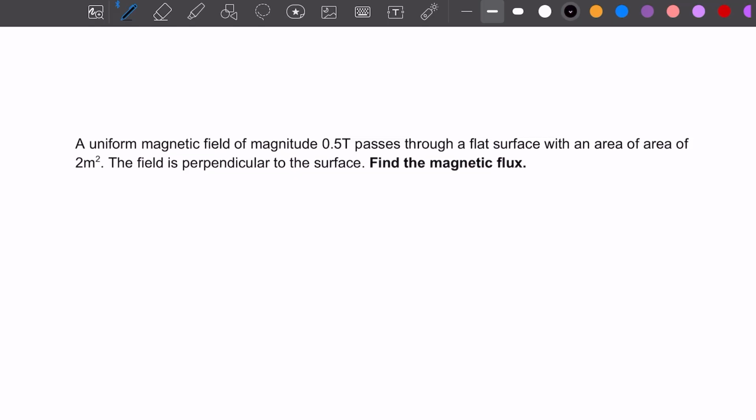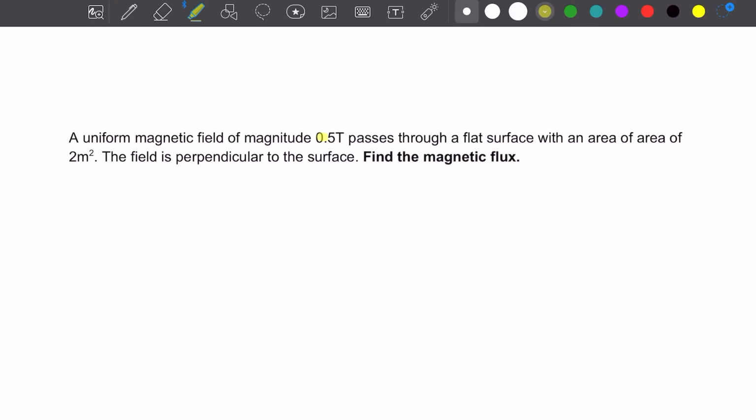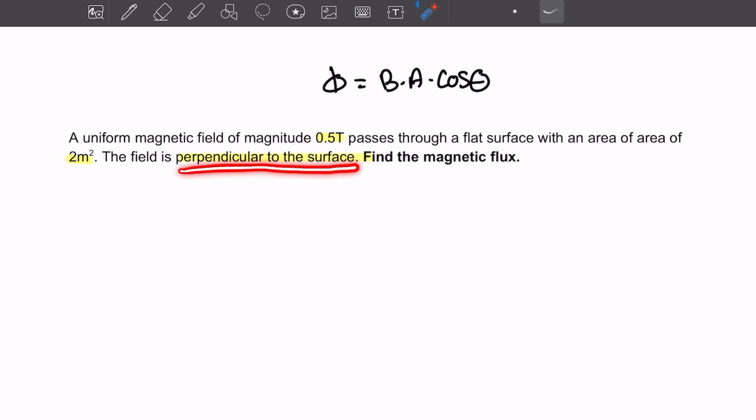A uniform magnetic field of 0.5 teslas passes through a flat surface with an area of 2 meters squared. The field is perpendicular to the surface. The formula once again is phi equals B times A times cosine theta. But if you remember from earlier, if it's perpendicular to the surface, as it is here, we don't have to put cosine theta.